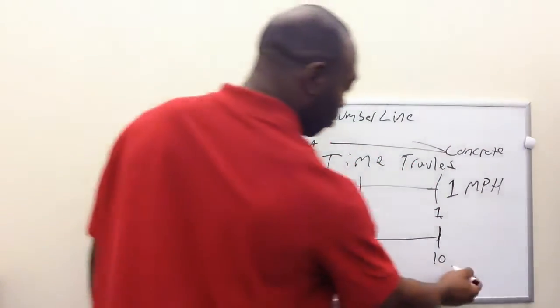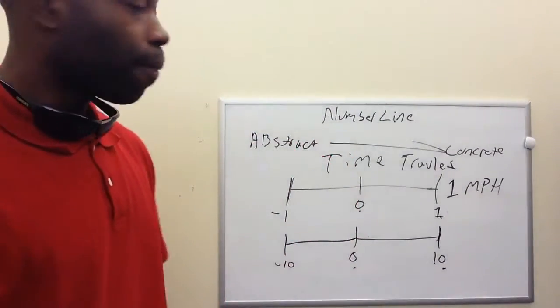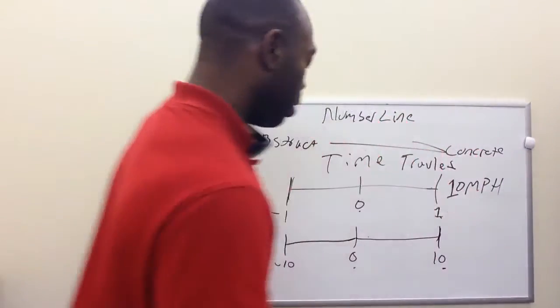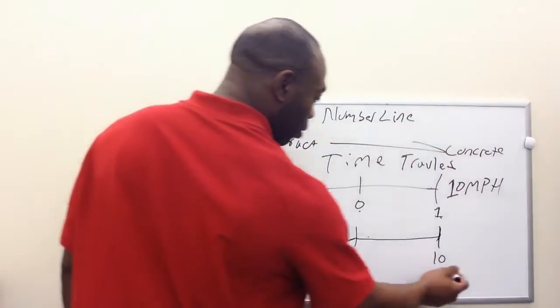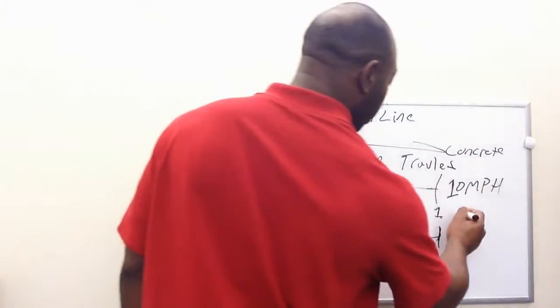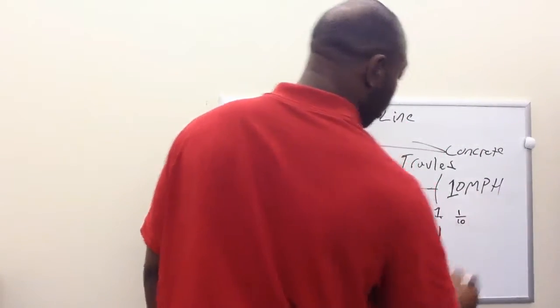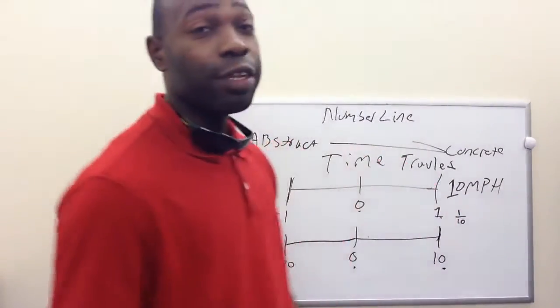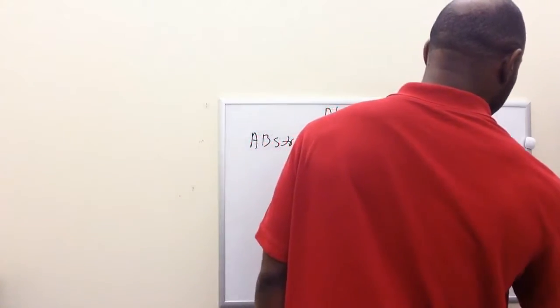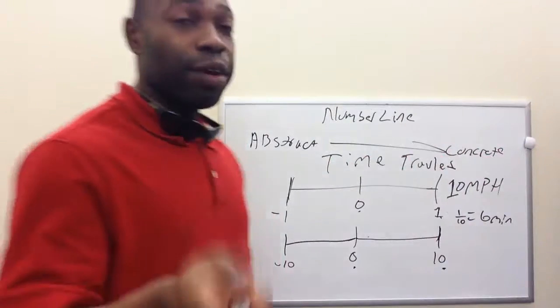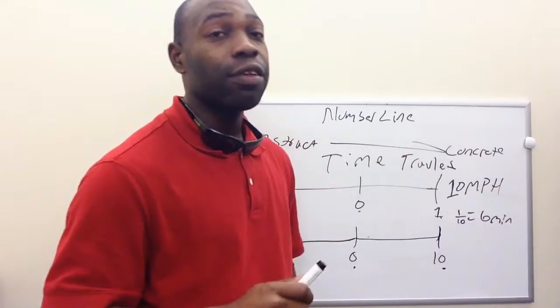It'll take me 10 hours to go from here to here, right? If I'm moving at 10 miles an hour, it'll take me 1 hour to go from here to here. But it'll take me 1/10 of an hour to go from here to here. So what is 1/10 of an hour? 6 minutes. Based on our understood units of measuring both time and space.